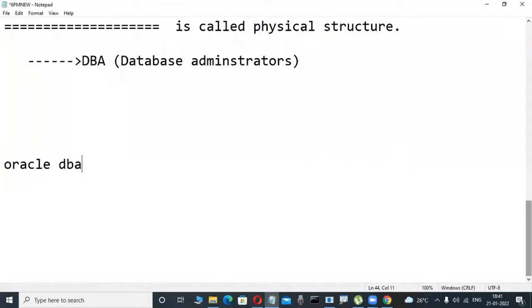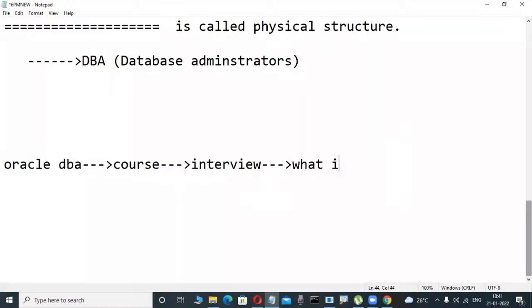Suppose I'm an Oracle DBA learning a course because I'm interested in applying for an Oracle DBA job in a company. Whenever I apply for an Oracle DBA job, I attend an interview. My interviewer asks, Murali, what is database?